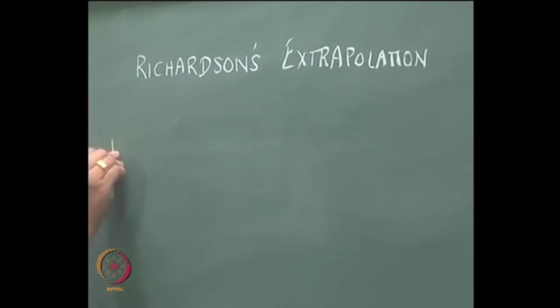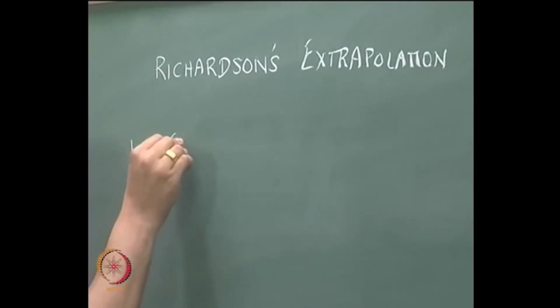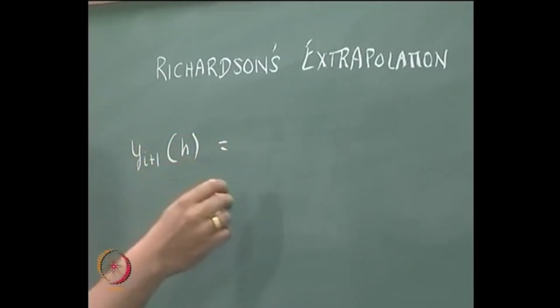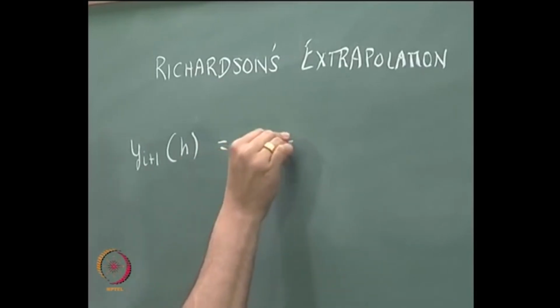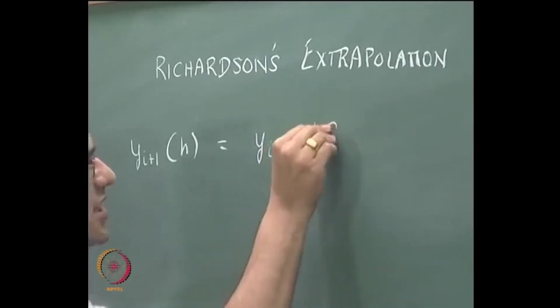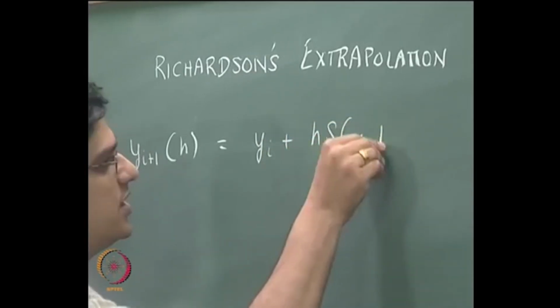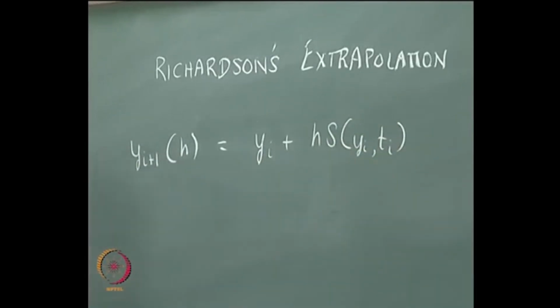So within a single step we get yi plus 1 computed using a single step method, as equal to yi plus h times s of yi comma ti, where this is going to be any method of our choice.